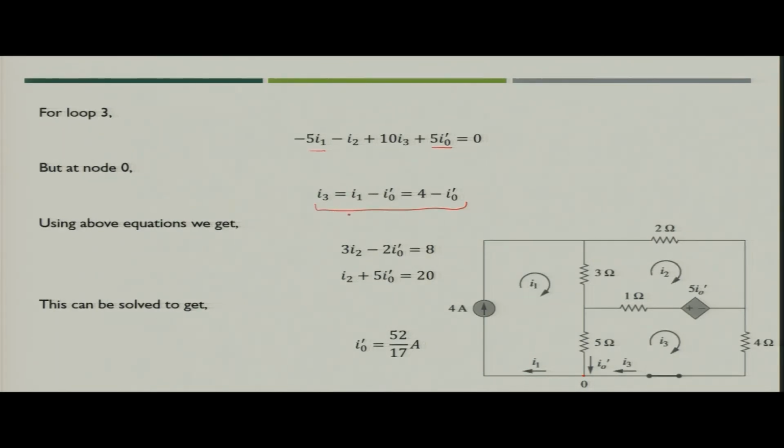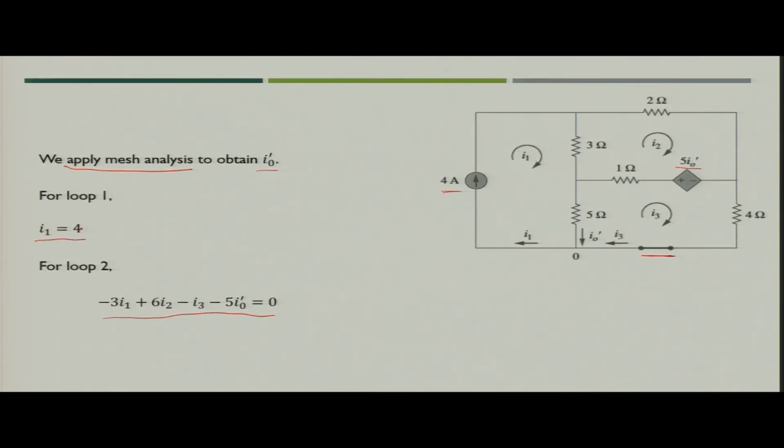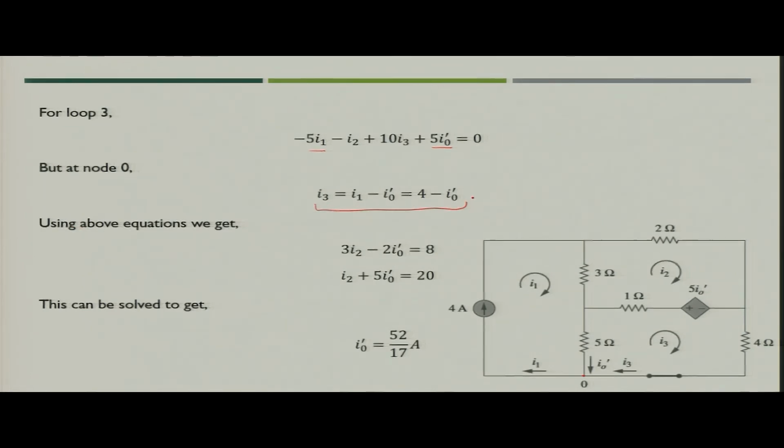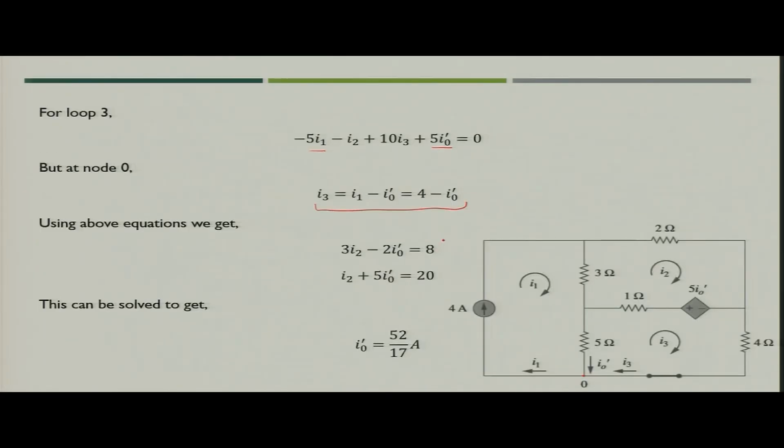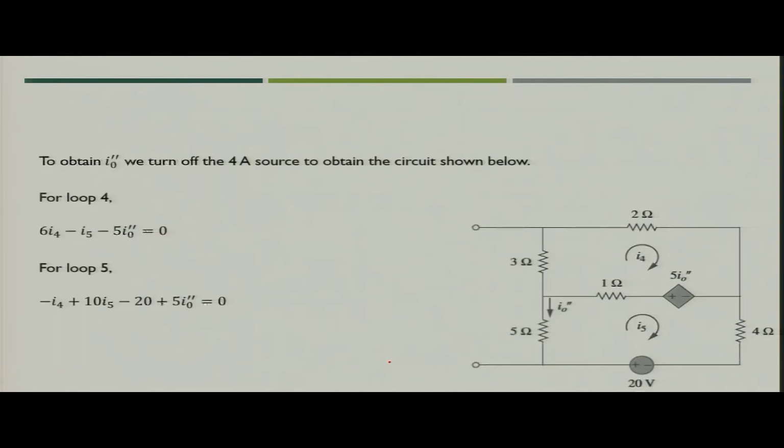I1 we know, because we just found that I1 is equal to 4. So I3 will become 4 minus I naught dash. Now you put this value in these equations, and you will get 2 equations in terms of I2 and I naught dash. If you simplify, you will get the value of I naught dash as 52 by 17 ampere.